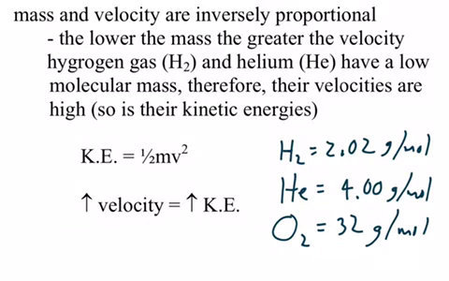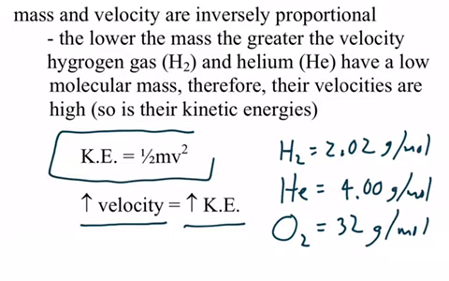Now, there's also a relationship here between velocity and kinetic energy. You see, the faster that something is moving, the more kinetic energy it has. A lot of you are going to be taking physics in the future, and you're going to see a formula on how to actually calculate kinetic energy.